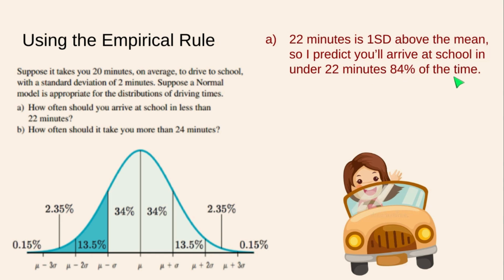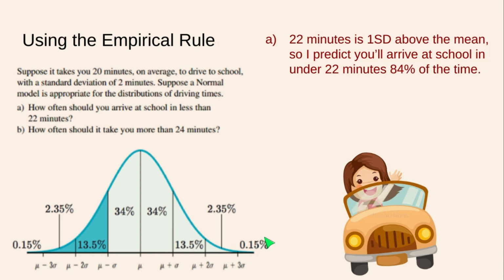How'd I get that 84? Well, 1 standard deviation above the mean is marked off here. The left-hand side of the bell curve has 50% of the data. You can add these up, or you can just acknowledge that this curve has bilateral symmetry relative to the mean. So 50% on the left and 50% on the right.